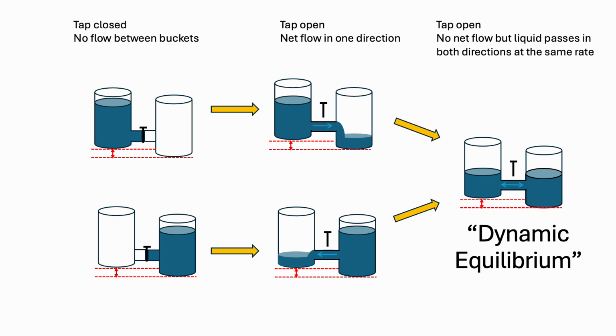Opening the tap, the flow occurs, and at equilibrium, the surface of fluid in each bucket is the same, even though the lower bucket contains a greater volume of liquid. Once again, liquid can flow between the buckets in both directions, and when it does this with the same rate, there is no overall change in volume of liquid in either bucket.